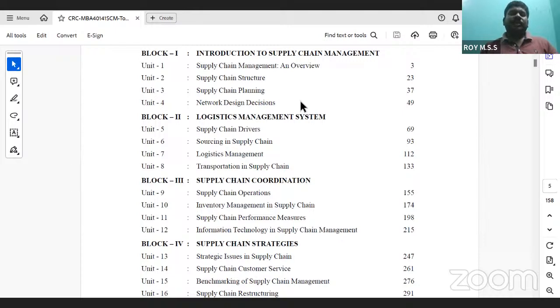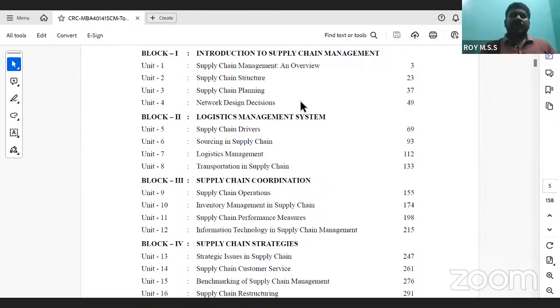Logistics talks about any product or any goods or services we are using in the overall supply chain management. Any movement of goods in the overall chain comes under logistics management.